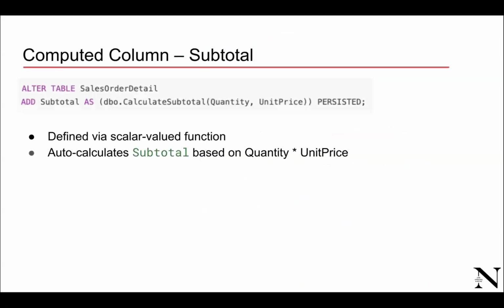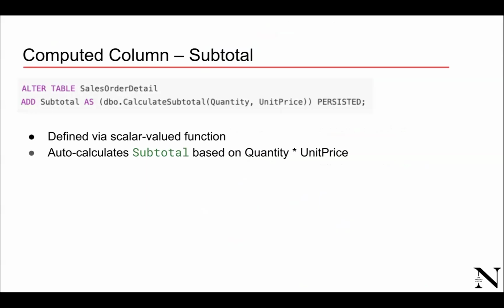In the sales order detail table, we initially defined a regular subtotal column. Later we enhanced this by replacing it with a computed column using a user-defined function in SQL Server. This function automatically calculates the subtotal by multiplying quantity and unit price.